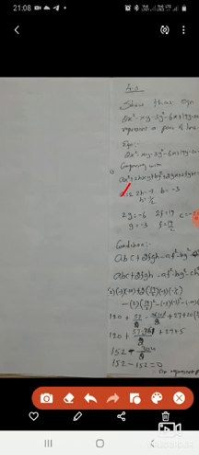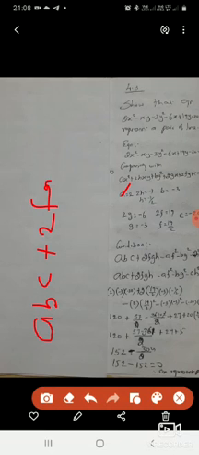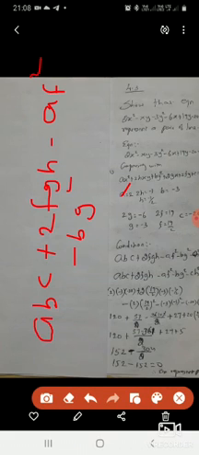Then the necessary condition for the given equation to represent a pair of lines is abc + 2fgh - af² - bg² - ch².